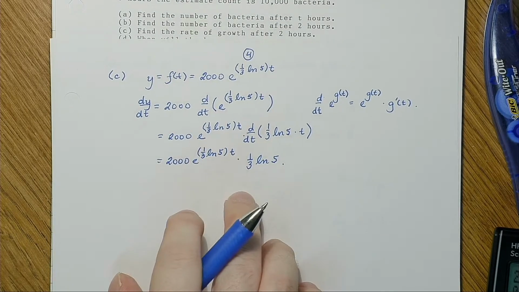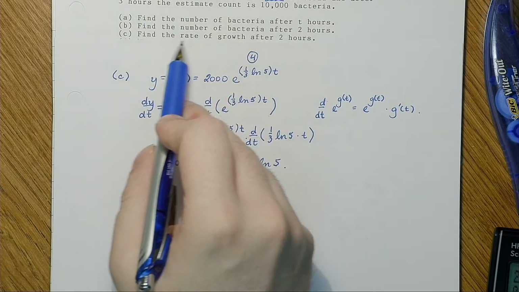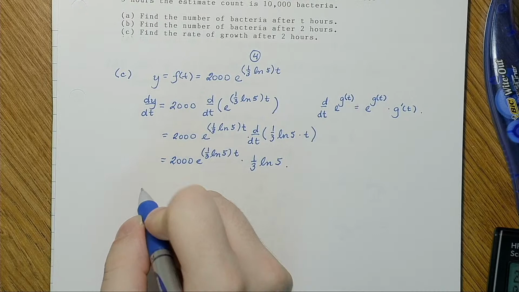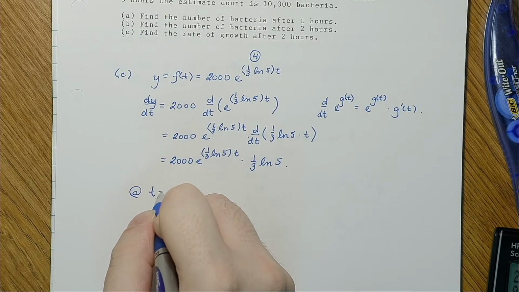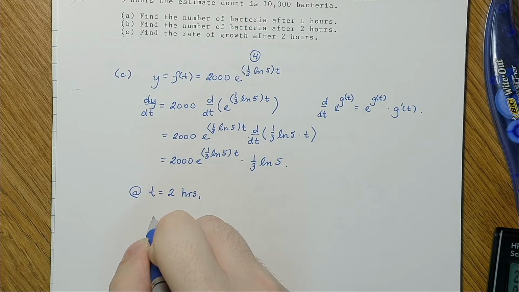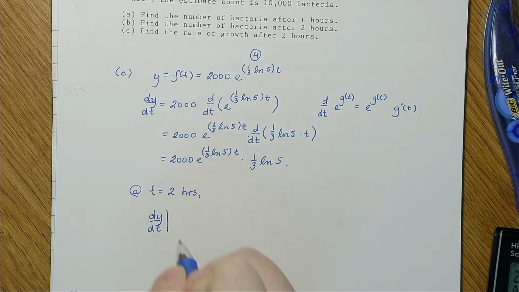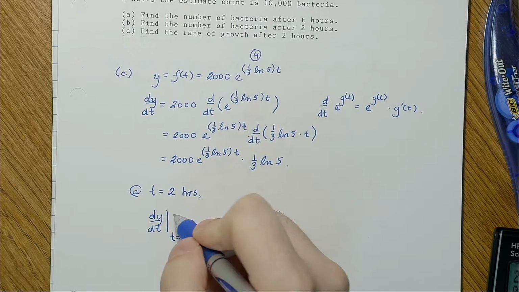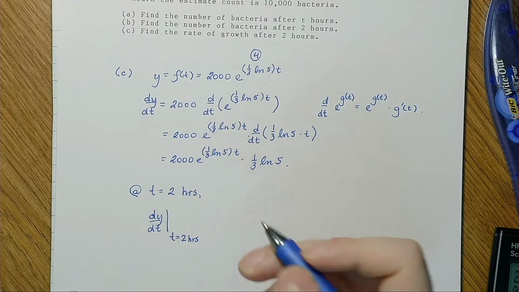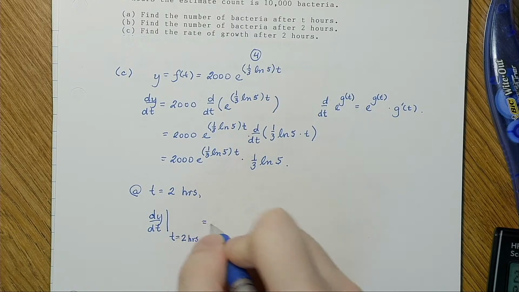And then to finish off what they were asking for, they said to find the rate after 2 hours. So we'll assume at time equals 2 hours, dy by dt at time equals 2 hours. That little line means evaluate, so evaluate at t equals 2 hours.